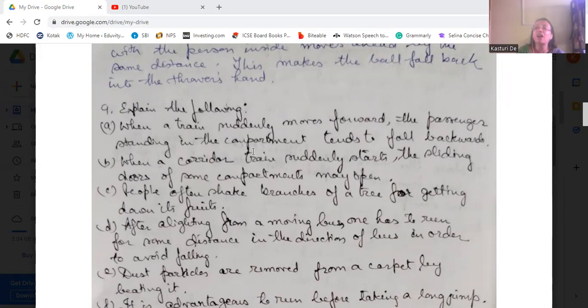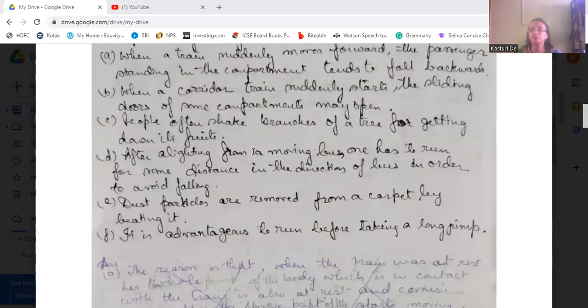Now the train suddenly moves forward. So the lower part of the passenger, which is in contact with the train, starts to move. But the upper part is still at rest. So as soon as the train starts, he will have the tendency to fall backward.